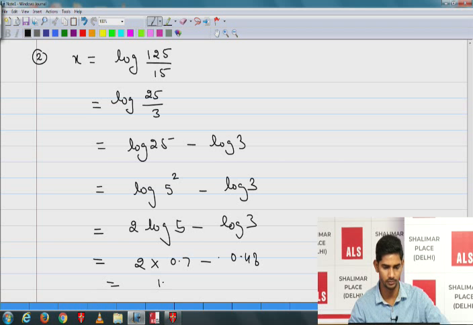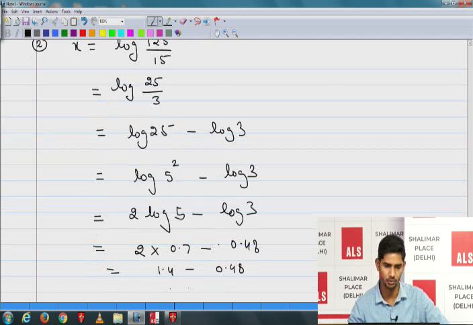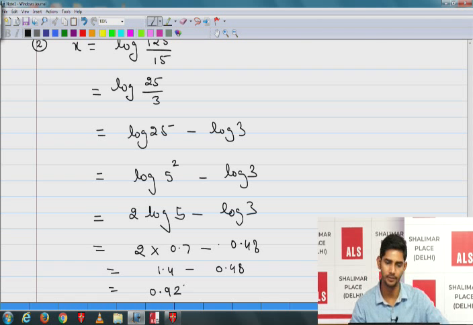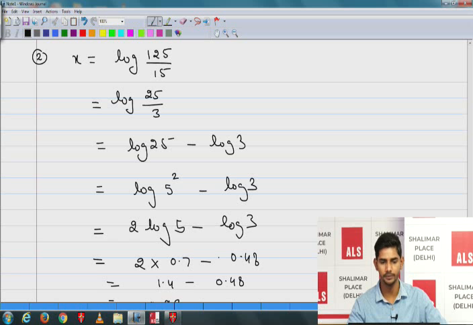Just solve that. This is 1.4 minus 0.48. So I guess you can solve this, and after solving you will get 0.98. Will it be 0.98? No, not 0.98. 0.92. Yes, it will be 0.92. I hope it is clear to everyone.